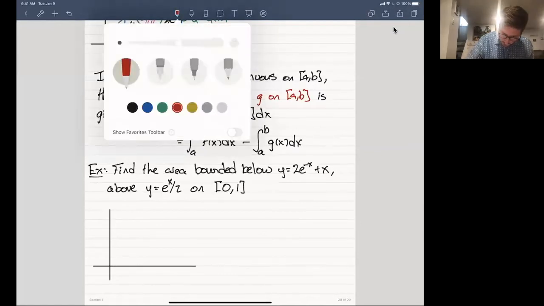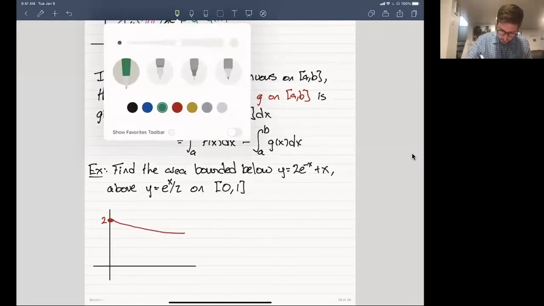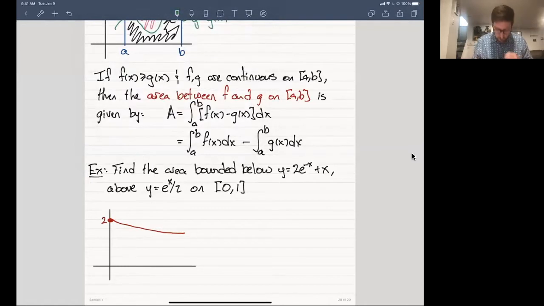In this case, the upper function is 2e to the minus x plus x. So that is at 2 when x is equal to 0, roughly coming down like this. Let's use a green curve for the lower piece. This is e to the x over 2. So in this case, we might get something that looks roughly like this.